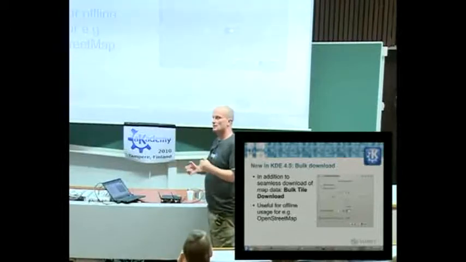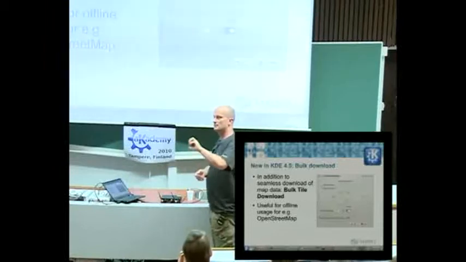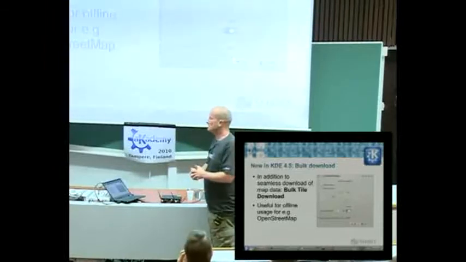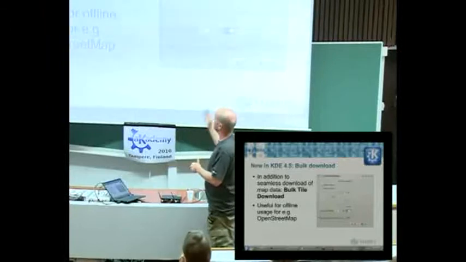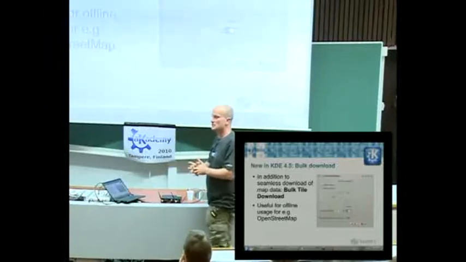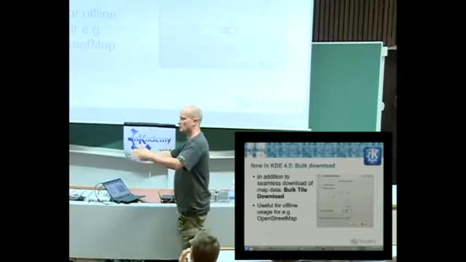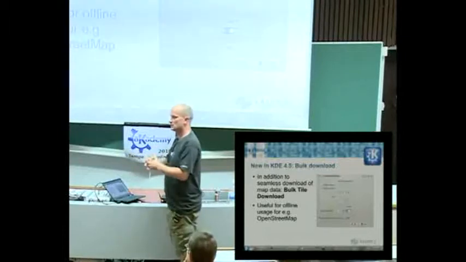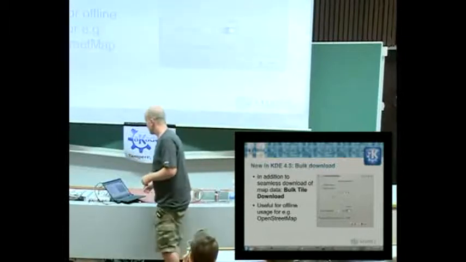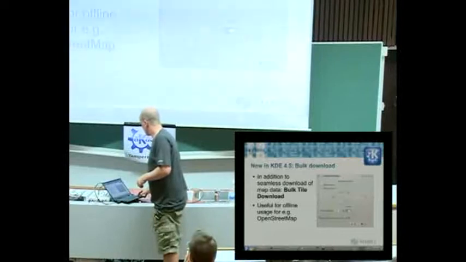Because usually Marble just takes all the data from the internet, and with this wizard, it's possible to just tell, okay, I want to download some particular data in advance. That's something that Jens Michael had been working on.